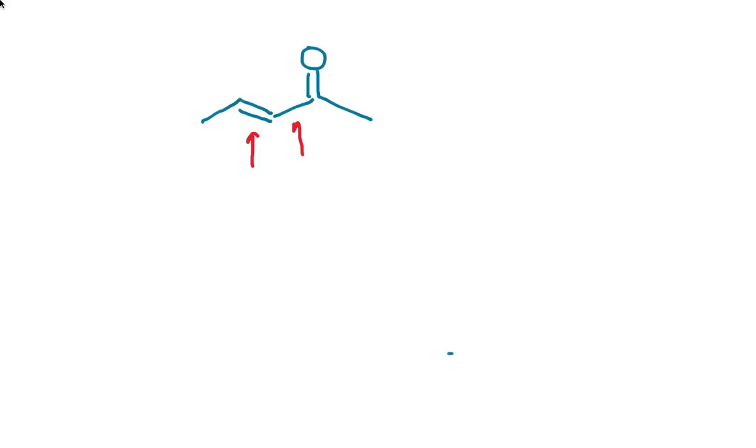Let me erase that. If I take the electrons in this pi bond and shift them between that carbon-carbon bond, which I can do because there's a p orbital on both, and then push those electrons up onto the oxygen, let me draw the two that are there already. Then I can have a structure which looks like this.